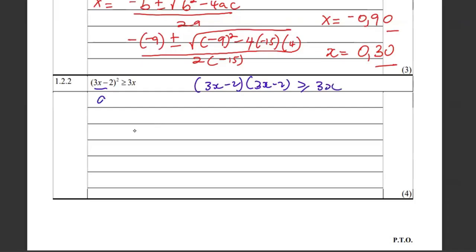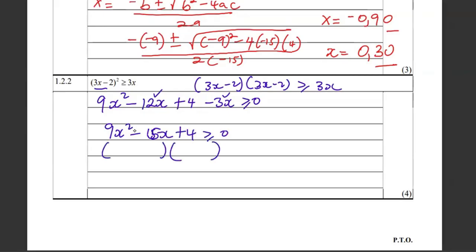Opening that, we have 9x squared minus 12x plus 4. I move the 3x that side, minus 3x is greater or equal to 0. Let's collect the like terms: 9x squared minus 15x plus 4 should be greater or equal to 0.